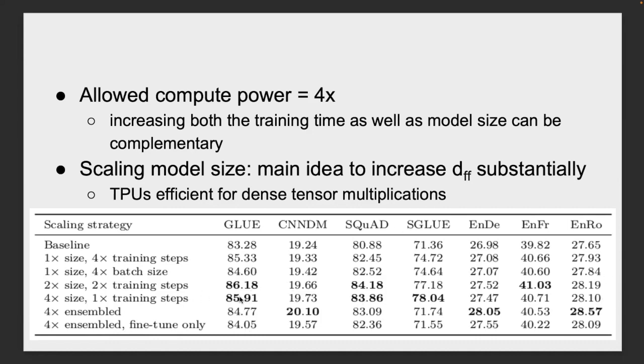Over here, they conclude that the larger the size, and also the more training steps, the longer you run, it will help with the performance, especially for the more challenging tasks such as SuperGLUE. SuperGLUE is one of the most challenging language understanding evaluation tasks, so if you perform well, it can distinguish your strategies better.